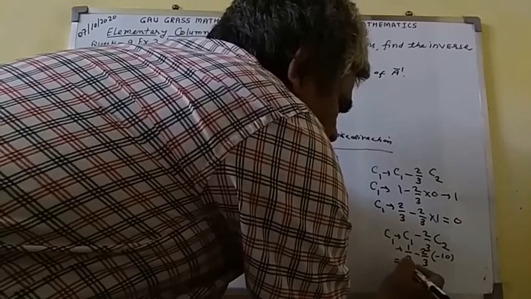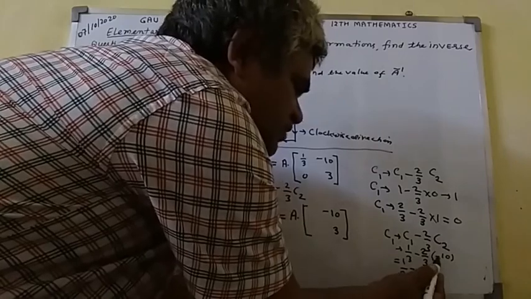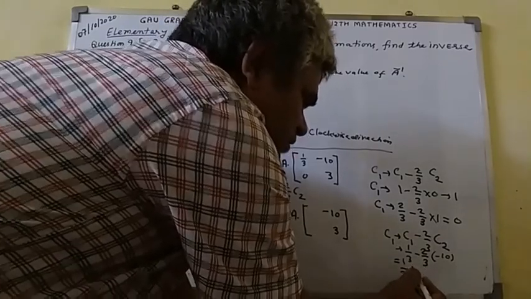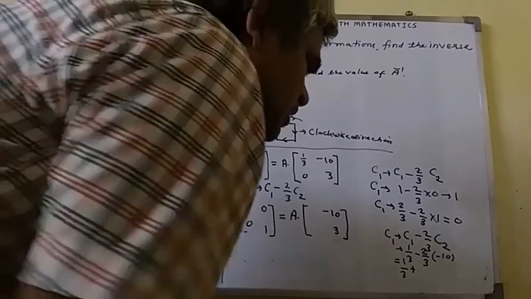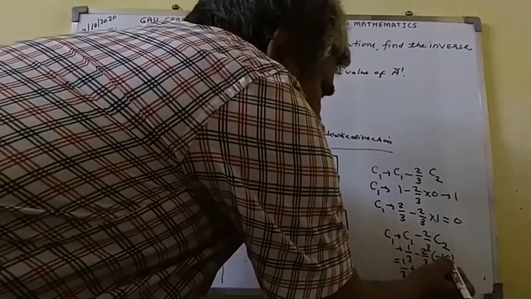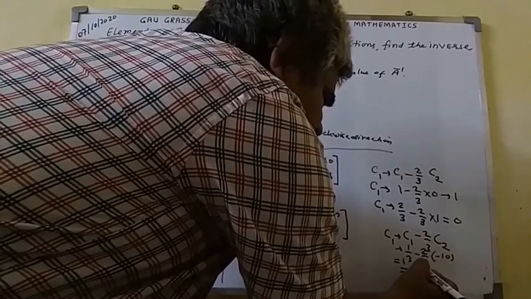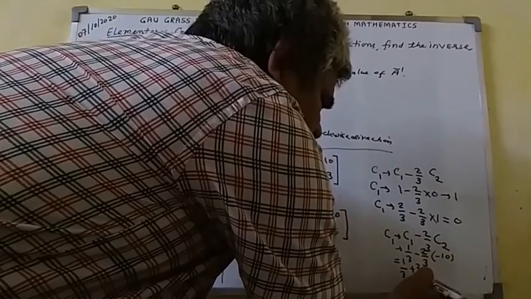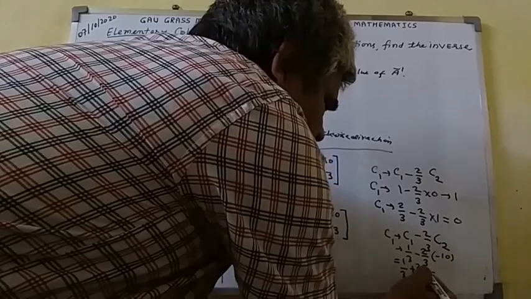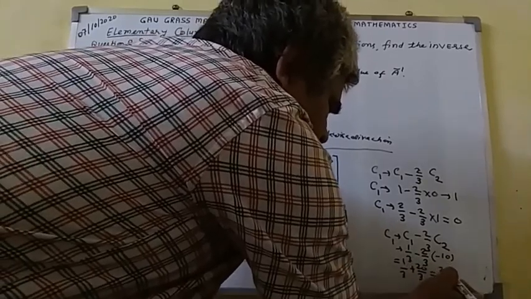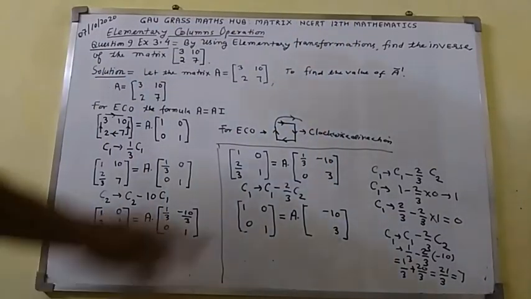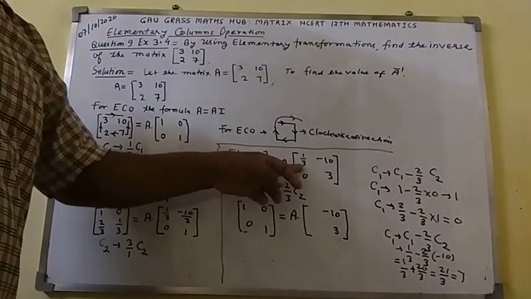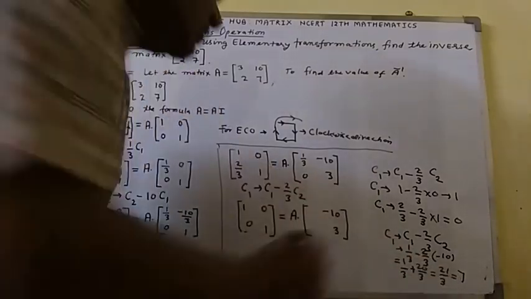This will become 1/3 minus, here minus will multiply together. You will get plus, and 2 multiplied by 10, you will get 20 over 3. 20 plus 1 comes out to 21 over 3, which comes out to 7. So in place of 1 over 3 I shall write here 7.